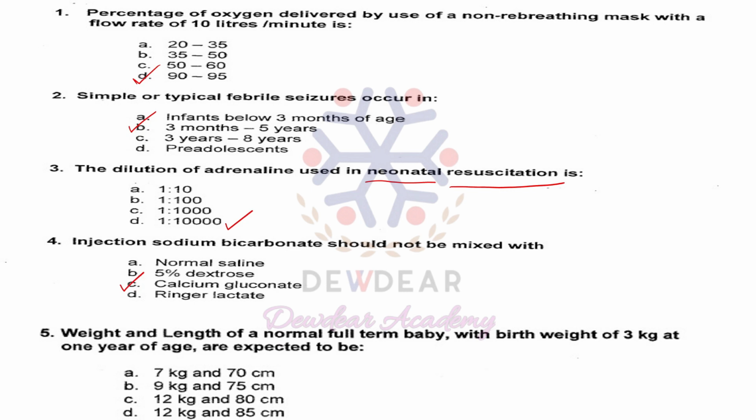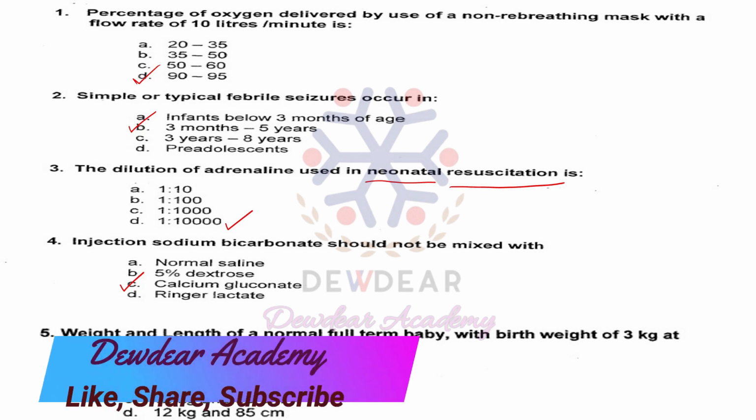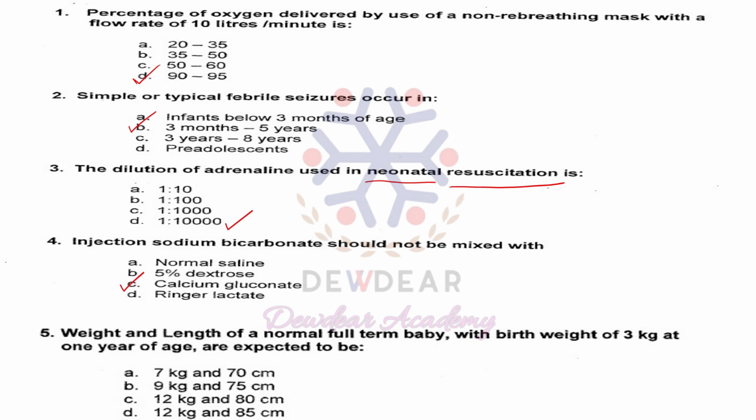Then question number 5. Weight and length of a normal full-term baby with birth weight of 3 kg at 1 year of age are expected to be. So if a normal full-term baby has a birth weight of 3 kg, what are the weight and length of that baby at 1 year of age?